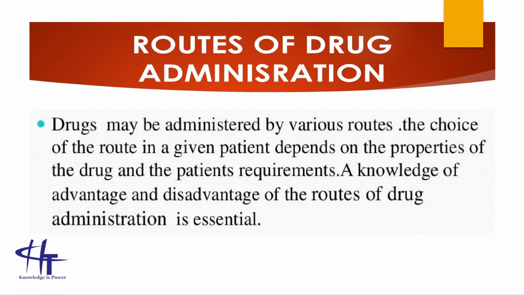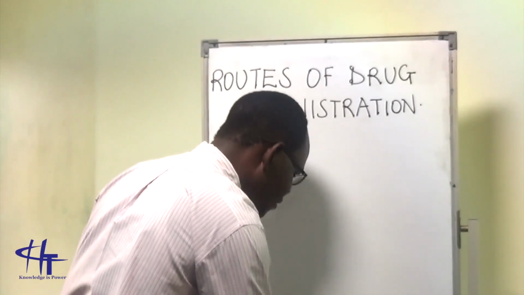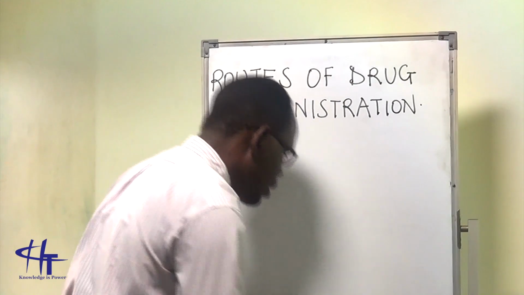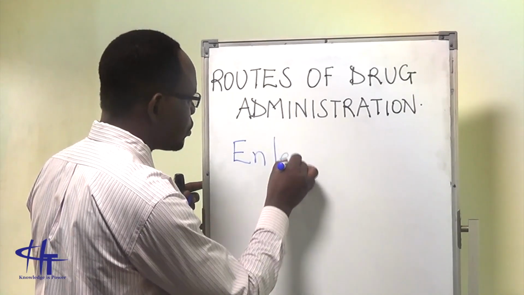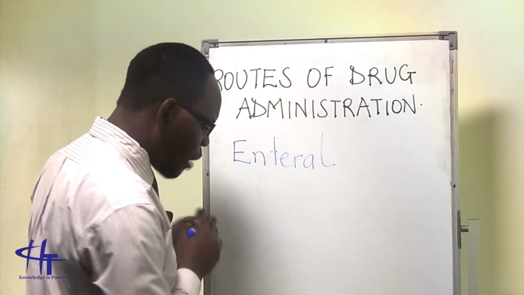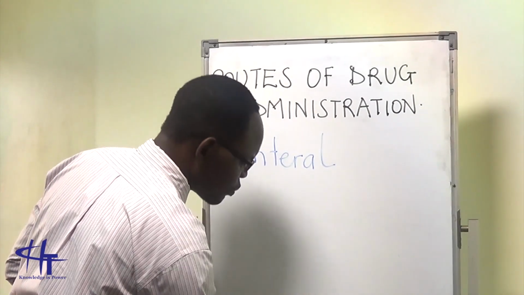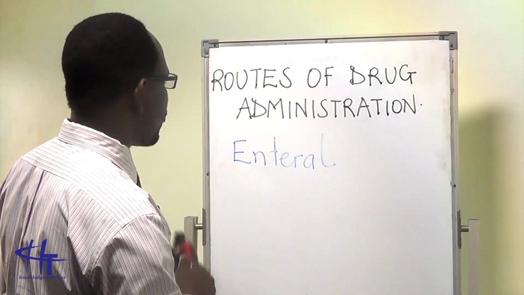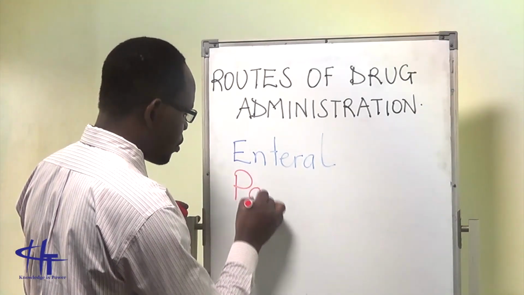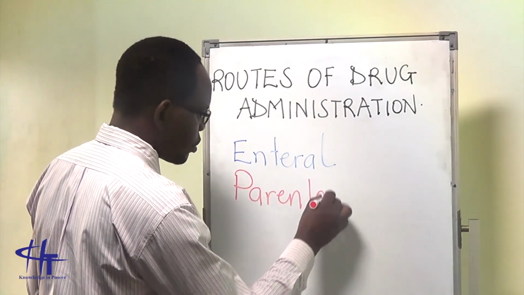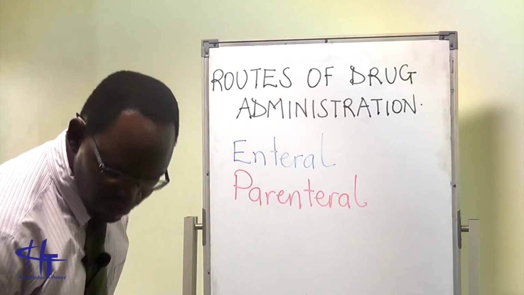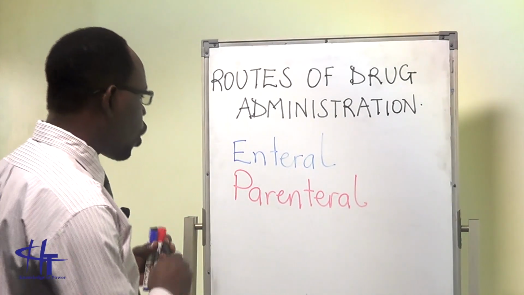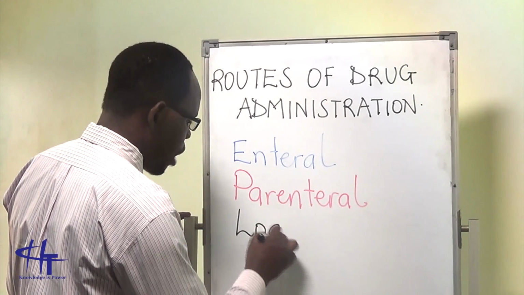Now, there are basically three routes of drug administration. We have what we refer to as the enteral route, the parenteral route, and then we also have what we call the local route.